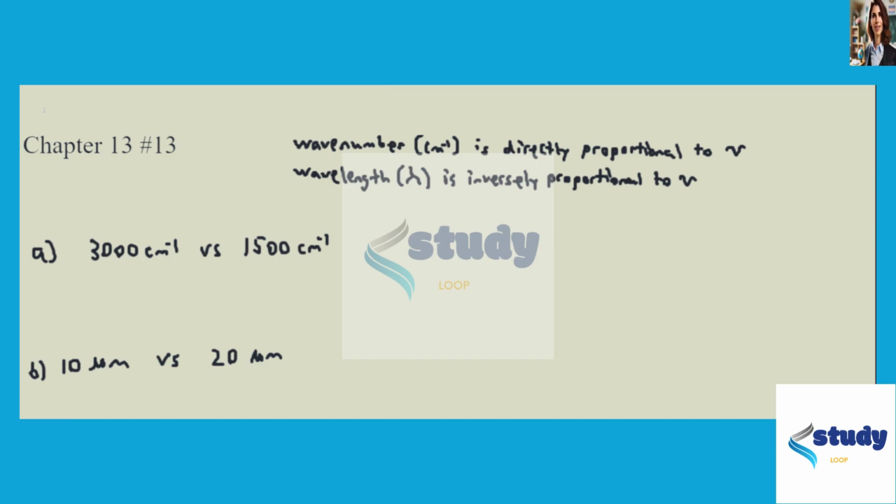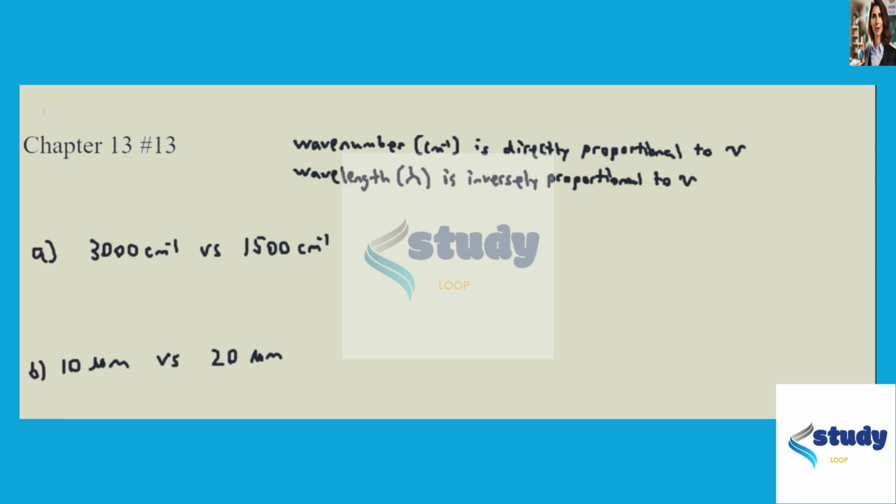And so we should remember to solve this problem that frequency is a way of representing energy. And so the light with a higher frequency is going to have a higher energy. And then across the top here, I've written two proportionality rules that we can use to solve this problem.